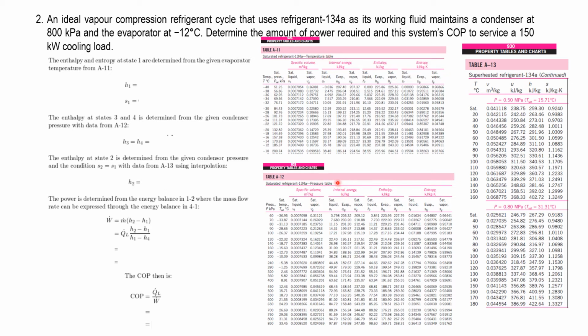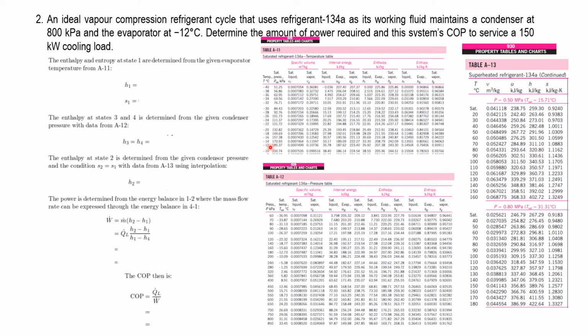This is pressure table. We will not refer to pressure table for H1 because what is given to you is the evaporator temperature. So you go to the evaporator temperature. Here we have -12. This is -12 degrees C. You find from the enthalpy column here, what is your Hg?